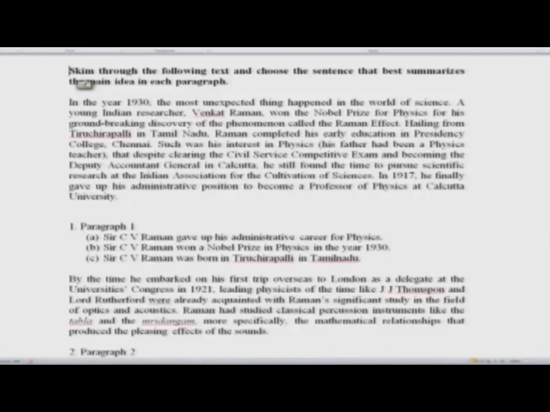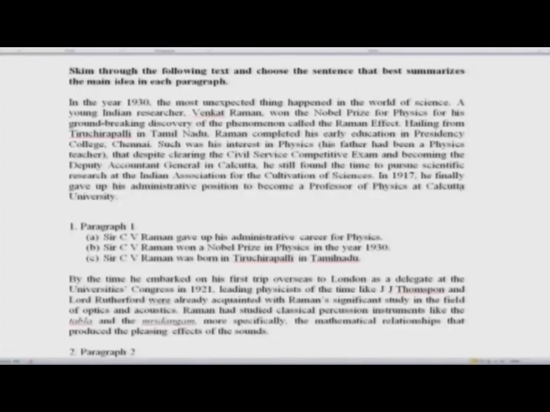Another important term you find here is Indian Association for the Cultivation of Sciences. How is it related to C.V. Raman? He was pursuing scientific research there, though he had been working in Calcutta as a Deputy Accountant General. Again you find the year 1917. So, what happened? He gave up his administrative position and became a professor of physics.